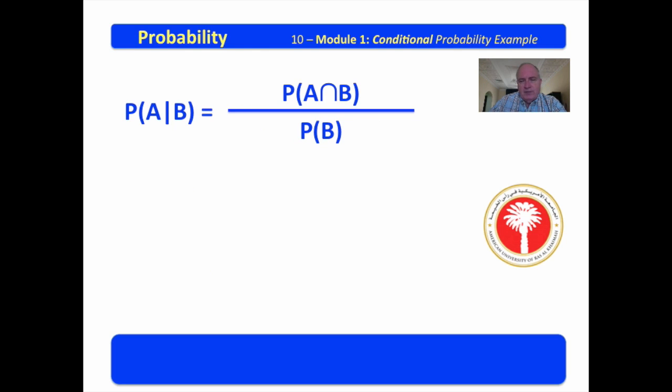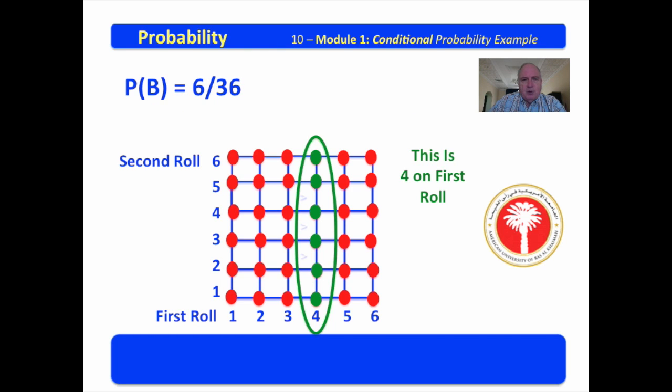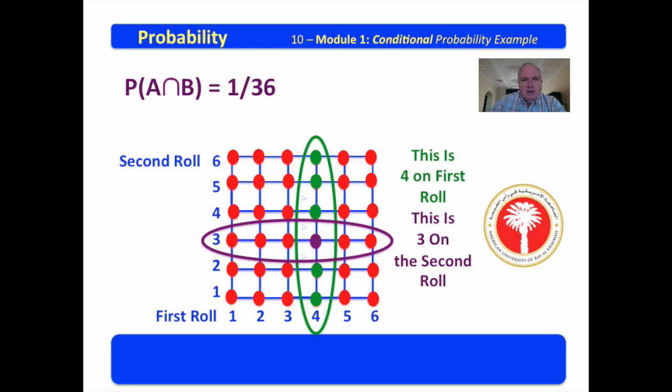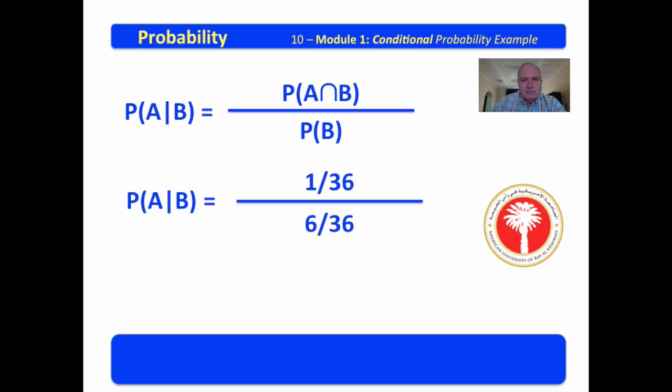Now, here's another way of calculating that. Not just the number in A intersect B divided by the number in B, but the probability of A intersect B divided by the probability of B. The probability of B is 6 possibilities out of 36 events. And the probability of A intersect B is 1 possibility out of 36 events.